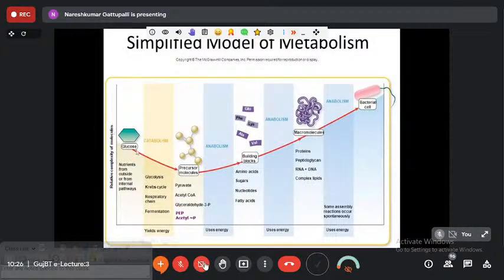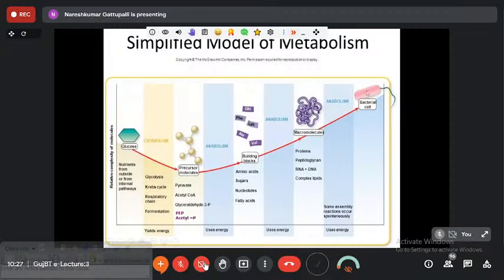You can see the molecules in terms of complexity. It is showing glucose. Glucose by glycolysis is converted into smaller, simple molecules, and the simple molecules make many precellular constituents, simple monomers, and these monomers convert into macromolecules.